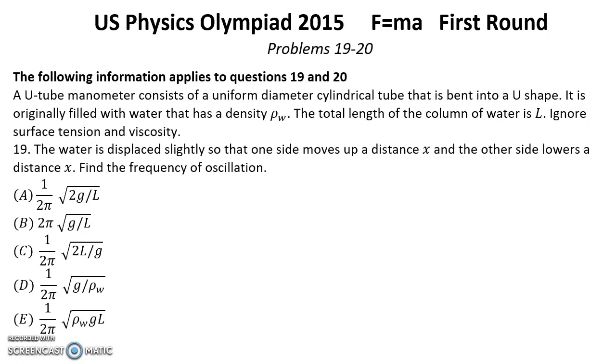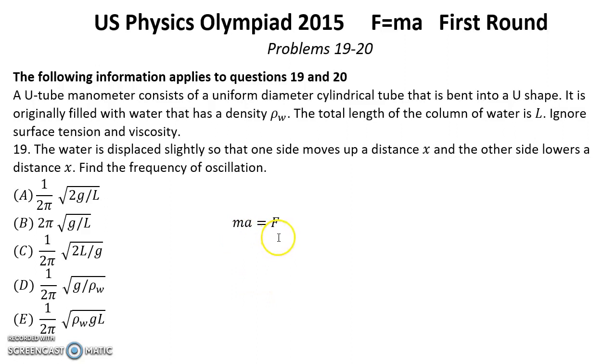Question 19. The water is displaced slightly so that one side moves up a distance x and the other side lowers a distance x. Find the frequency of the oscillation. Solution. Here we have to write the equation for motion of this part of water inside the tube.